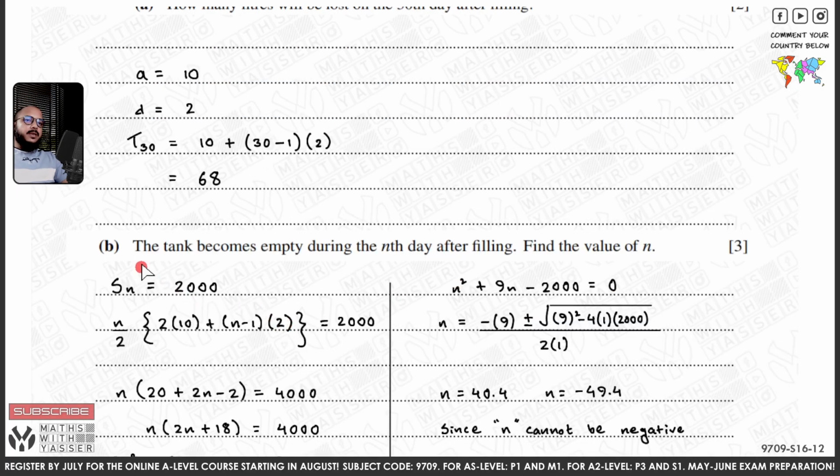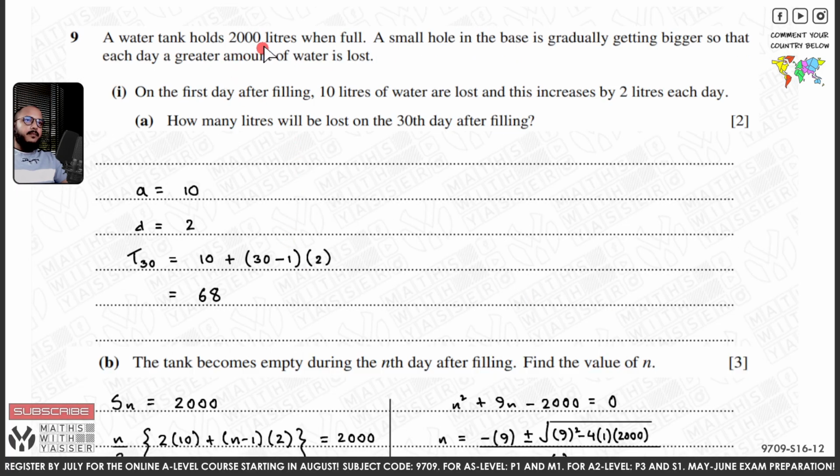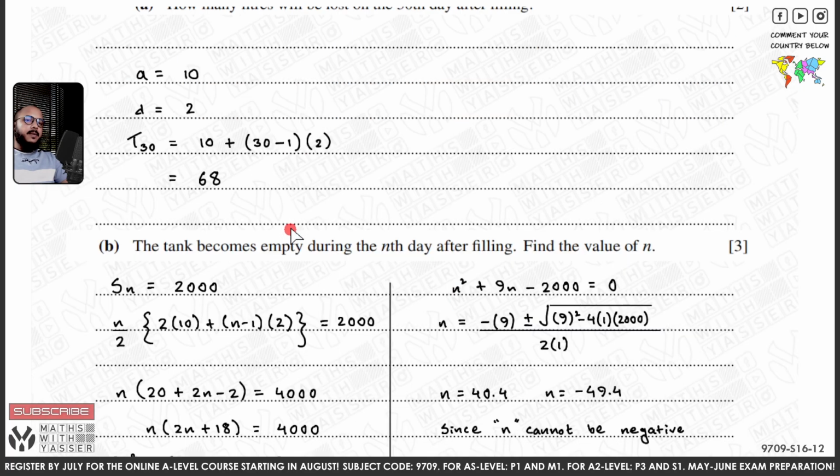In the next part of the question, the tank becomes empty during the nth day after filling. Find the value of n. So if it becomes empty, that means the 2000 liters which was in it initially is all lost. So we need to find the value of n using the sum of n terms, so that we can figure out when this whole amount is lost.